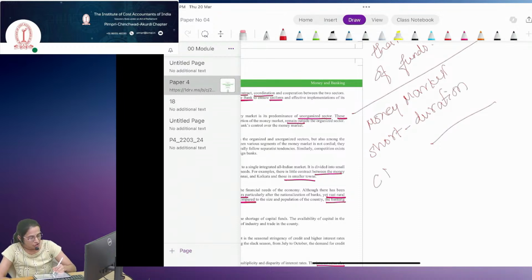There are two commercial banks, SBI, HDFC, or another cooperative bank. Cooperative banks like Thane Janata, Sahkari, Patpedi, these are cooperative banks. So when these cooperative banks or commercial banks provide credit to each other for a shorter duration of time between themselves, it is called the interbank money market.